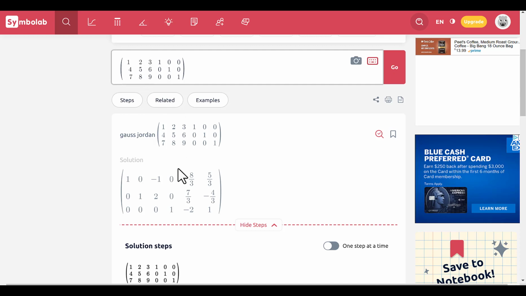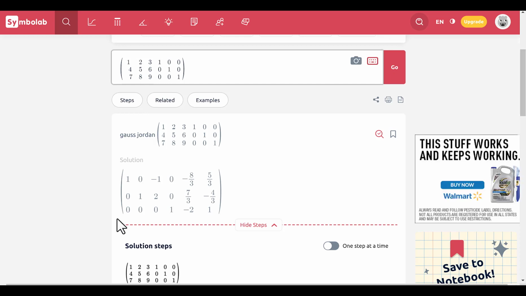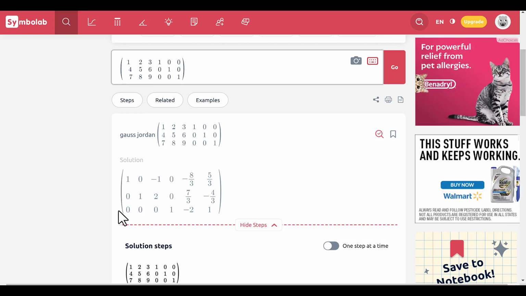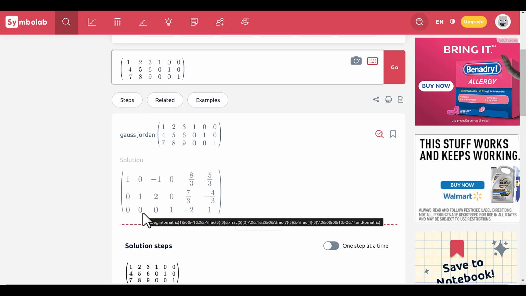Well, if we just look at the reduced echelon form for that 3x4, we see that bottom row is a contradiction. We get 0 times the first entry in B1, plus 0 times the second entry in B1, plus 0 times the third entry in B1, that is column 1 of B, equals a non-zero number, equals 1. And that's a contradiction. That's what we've talked about before.